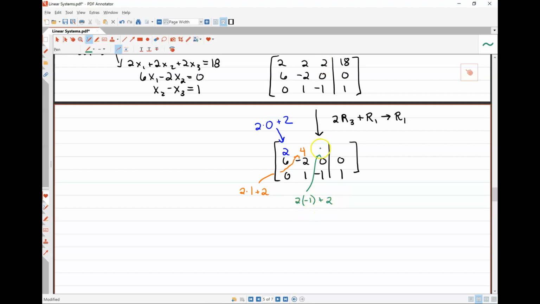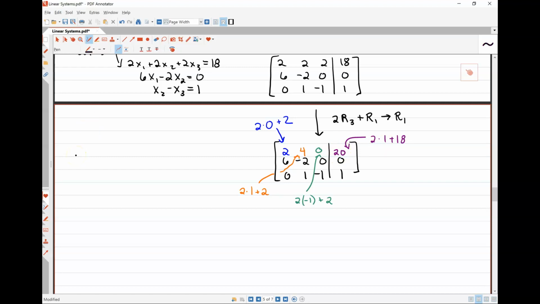So this will be 0. And very last, I need to fill in the entry here. I take 2 times that row 3 entry plus the row 1 entry. So that's 18 plus 2, which is 20. And now I'm all done with that third kind of row operation.